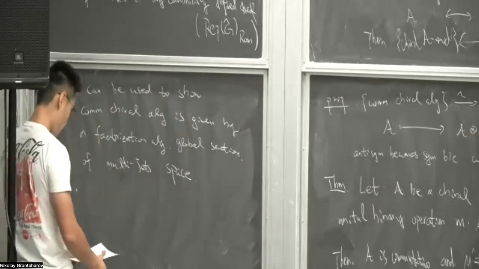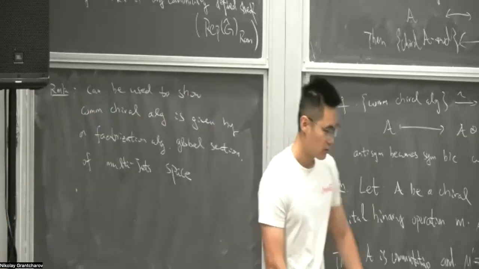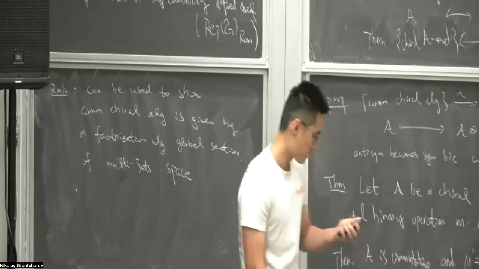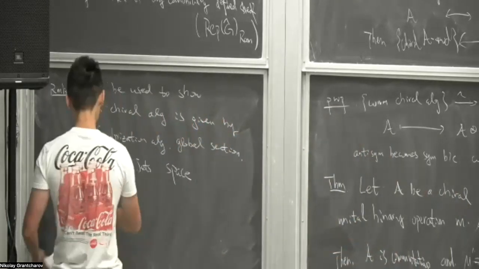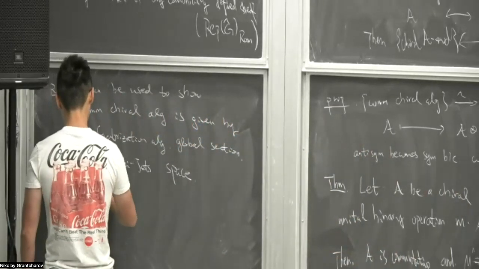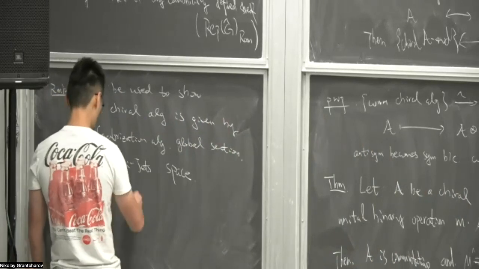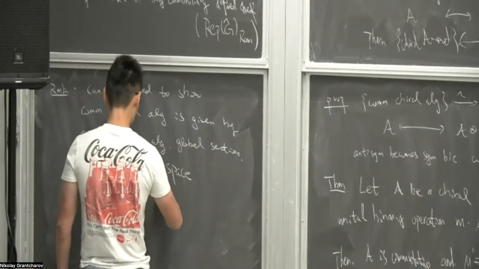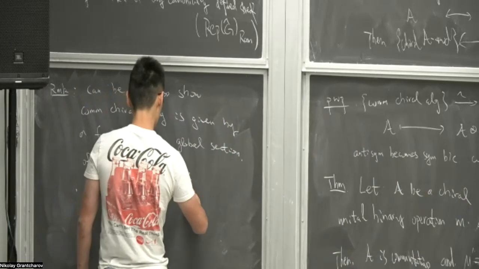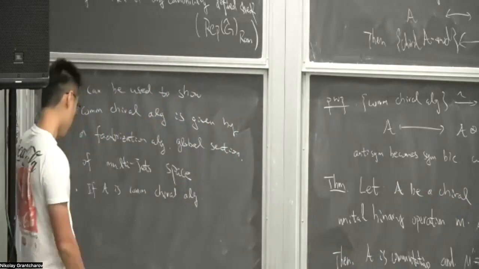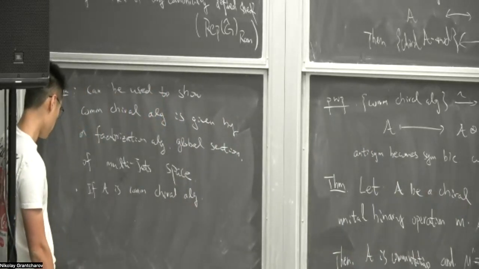And one more remark that I also say is that in the commutative case, there's yet another way of computing the chiral homology.